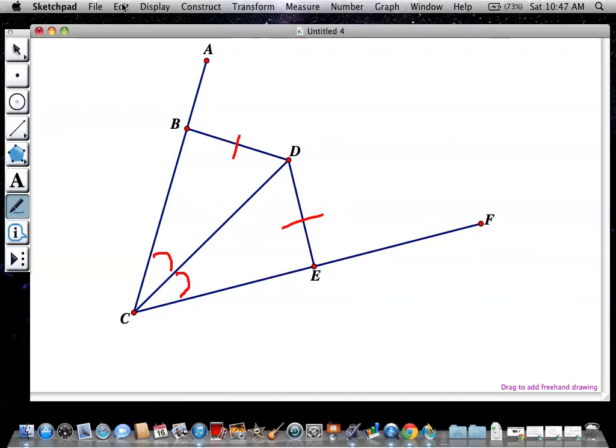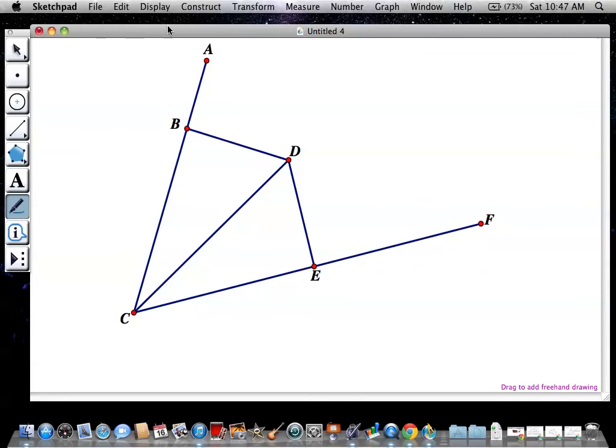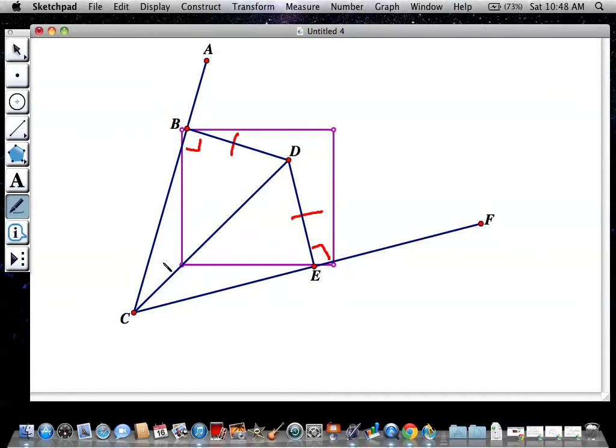If I have that BD is congruent to DE, and this is a 90-degree angle, and this is a 90-degree angle, so that means it's the distance, then I can conclude that this angle is congruent to this angle. So the converse of this.